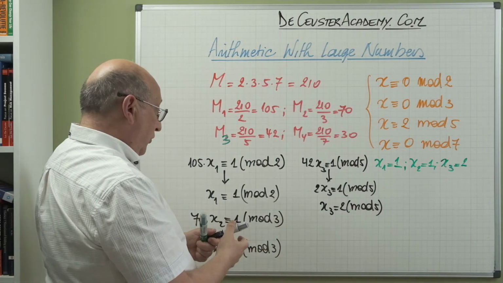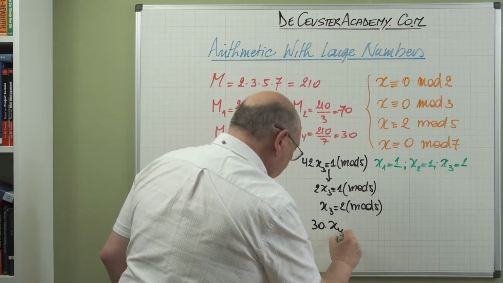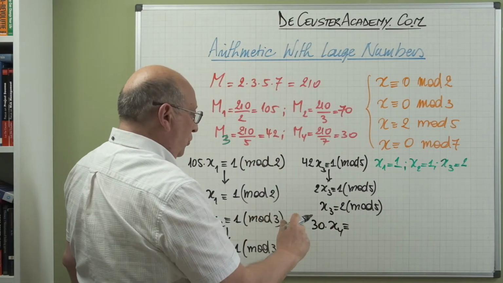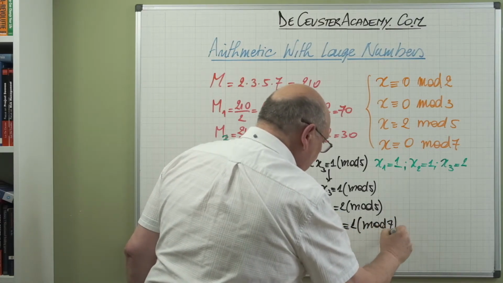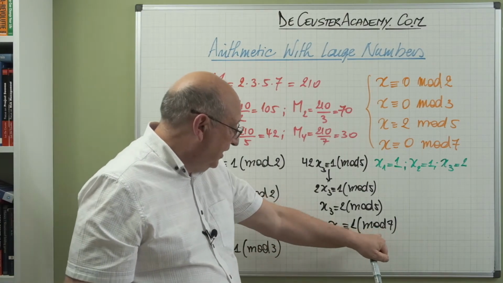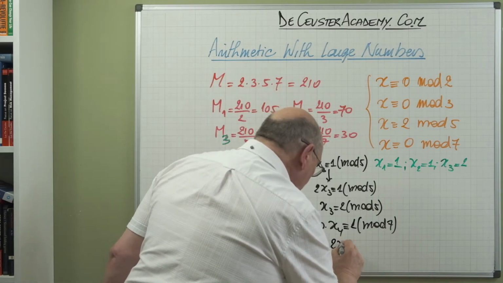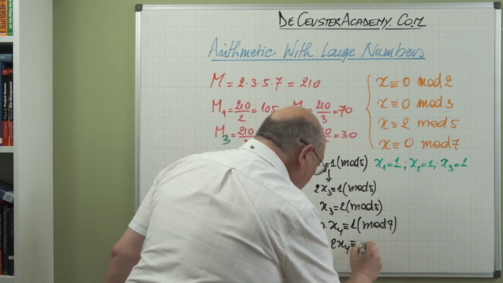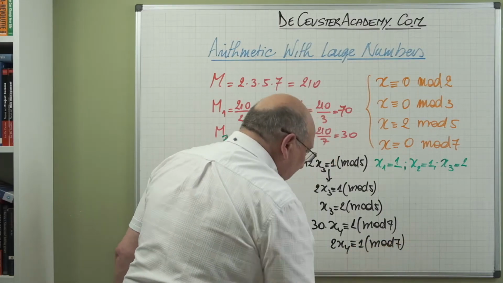And the last one is x4. So we have 30 times x4 is congruent with 1 modulus 7. And for 30, we have 4 times 7 is 28, so the remainder is 2. We have 2 x4 is congruent with 1 modulus 7.